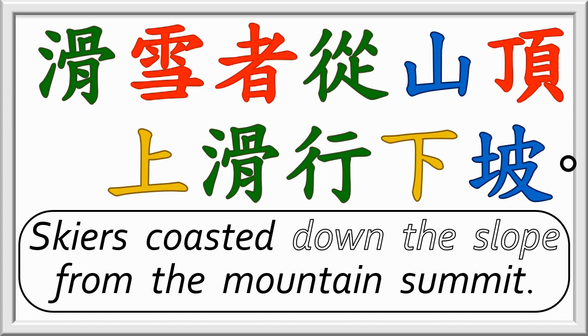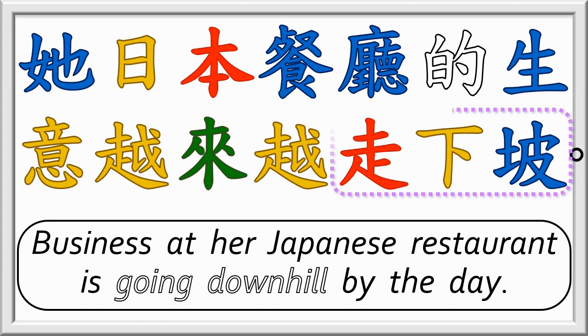Skiers coasted down the slope from the mountain summit. Just as in English, when a business or a person's popularity goes downhill, 走下坡, it's not looking good. 他日本餐厅的生意越来越走下坡. Business at her Japanese restaurant is going further downhill by the day.